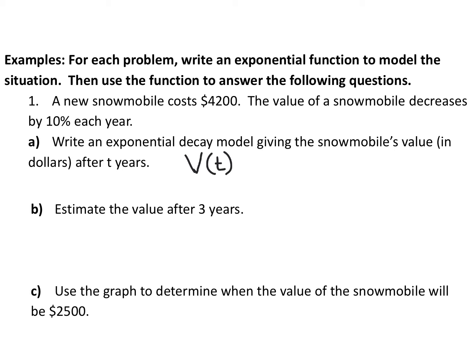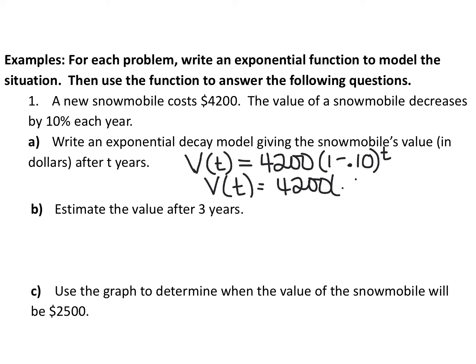So V of t, you could just use y equals if you want, equals the initial value of the snowmobile, $4,200, and it's decreasing by 10%. So that's my rate. It's going to be 1 minus 10% inside the base, raised to the t power, which I can clean up and write as 4,200 times 0.9 to the t power.